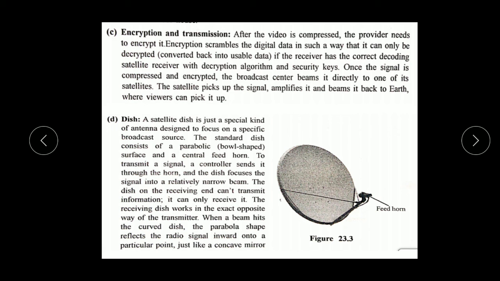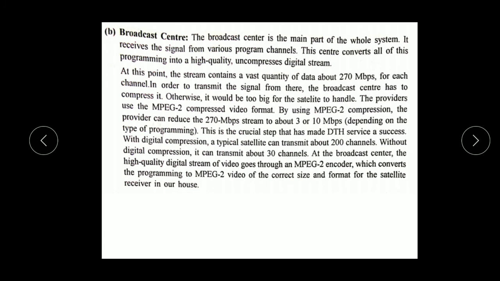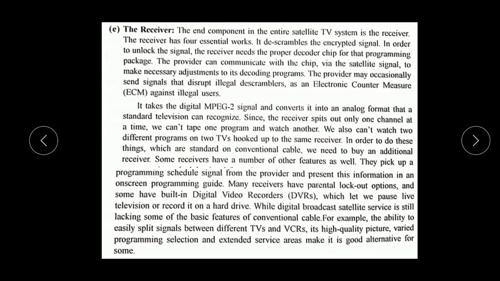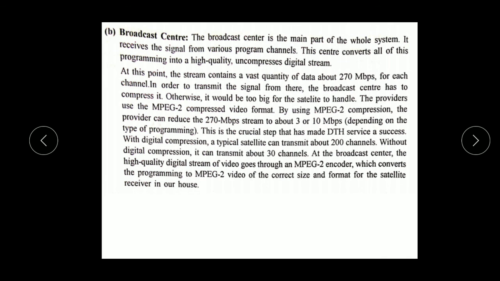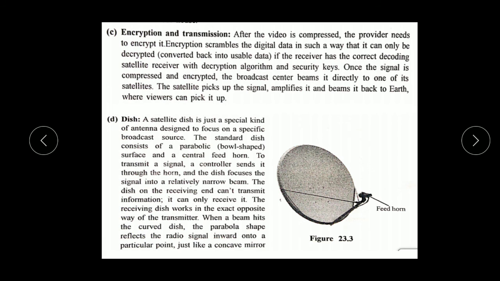The fifth component is basically the TV receiver. From the programming source, the signal is sent to the broadcast center. At the broadcast center, the signal is encrypted and transmitted to the geostationary satellite, and the satellite amplifies all the channels and sends them to the earth.